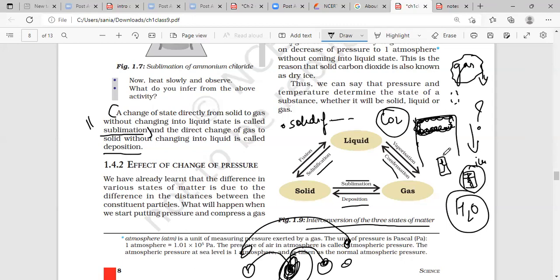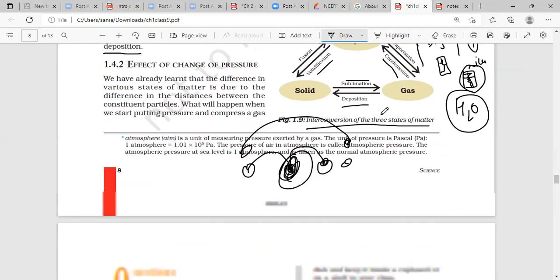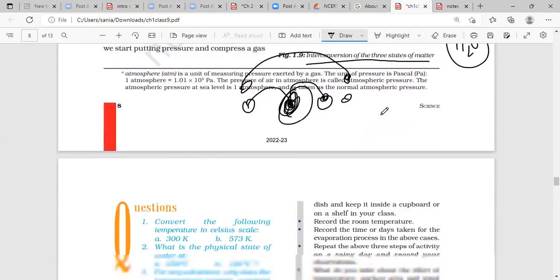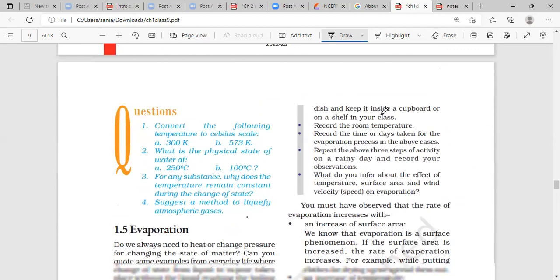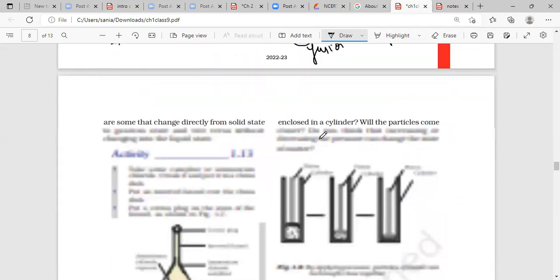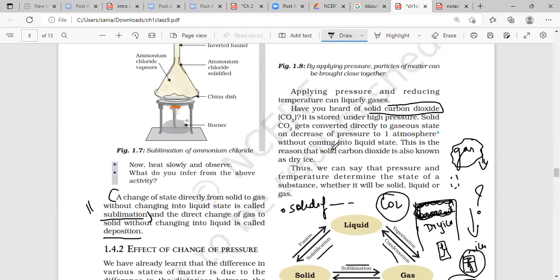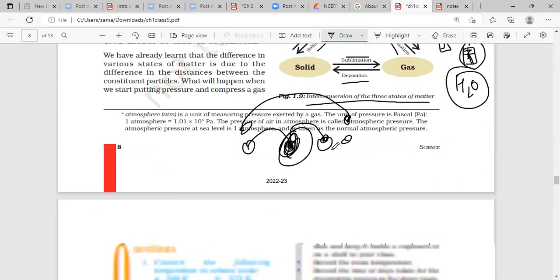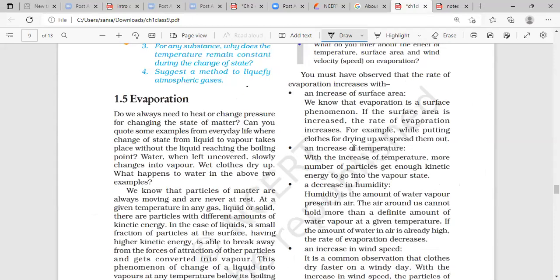Okay, clear? Yes, ma'am. It is written over here itself, you can write it from here.